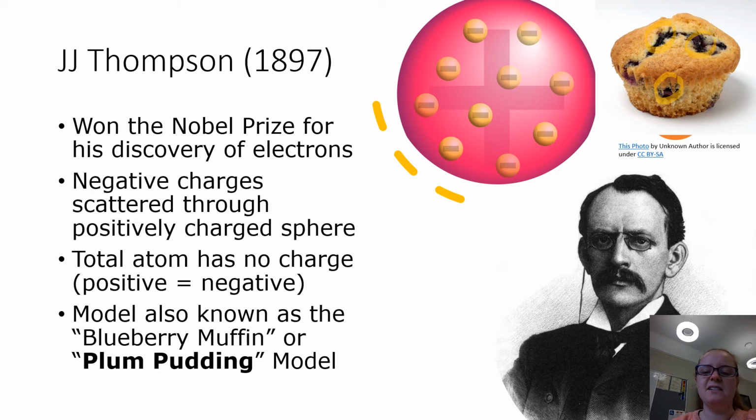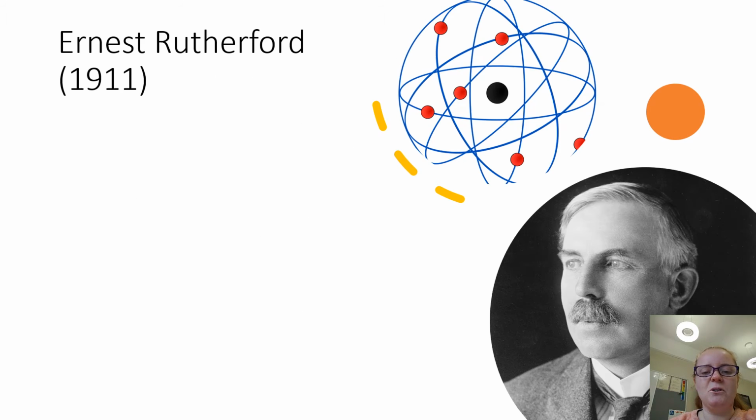So this one is slightly more accurate than Dalton's spherical model, because we now know that there are charged particles here, and it's still relatively simple, but it is still not the best model we have.